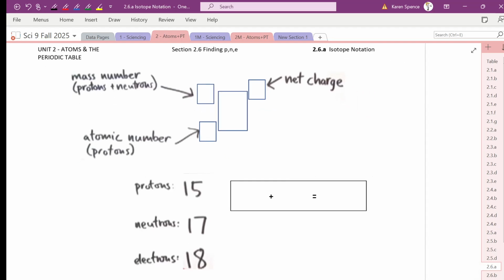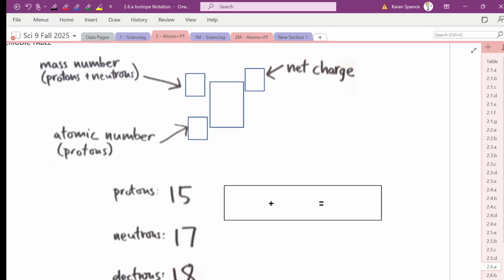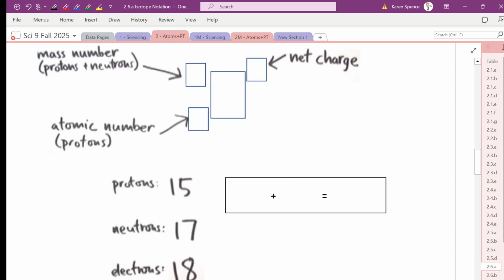Okay, you guys are going to try and fill these in to the best of your ability. Try to fill in the boxes. I would advise starting with the fact that protons are equal to 15. Start there. The number 15 is going to go somewhere. Figure out where that goes.